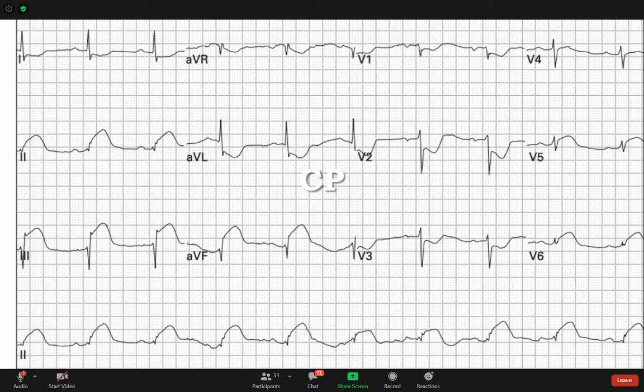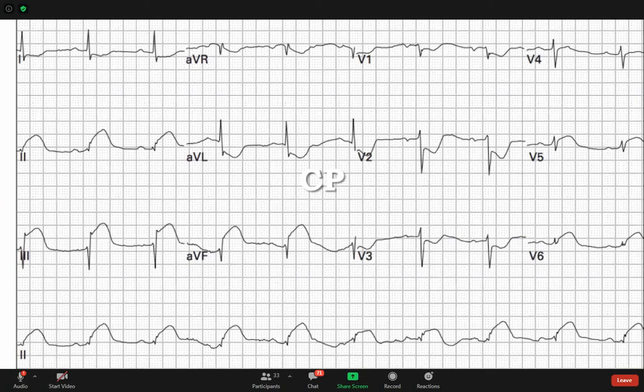Perfect. اس تي سيجمنت في ليد 2 وليد 3 والاي بي اف فيها ستيليفيشن.